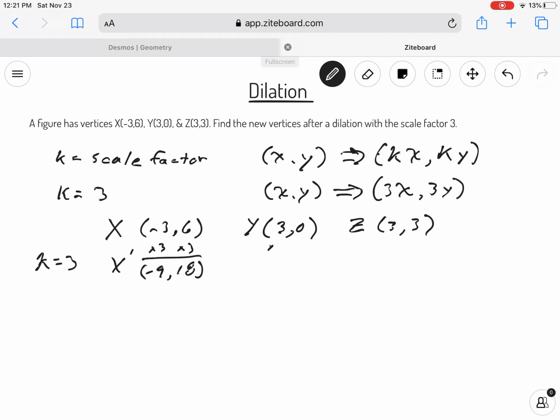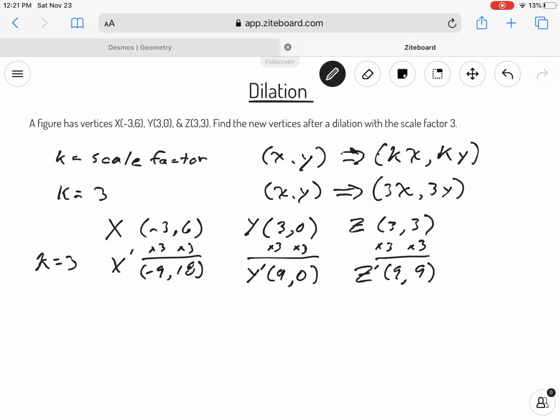Then I multiply both these by 3, and I have my new point y prime. 3 times 3 is 9. 3 times 0 is still 0. Then I have my new point. Multiply each of these by 3. My new point is the z prime, and this is going to be 9 and 9. Okay, simple enough.